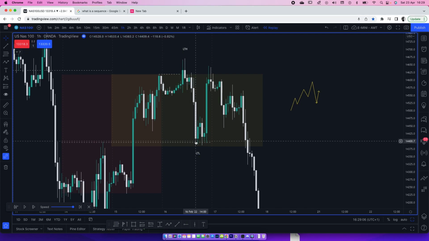As soon as you get that, as per ICT, you look for an imbalance. You wait for your trade on that imbalance. My original question is, how are those intermediate term highs and lows being formed? Well, the pullback you get from your long-term low, which is the end of the first displacement, all the way to the imbalance that you get, that pullback ends up giving you the intermediate term high.